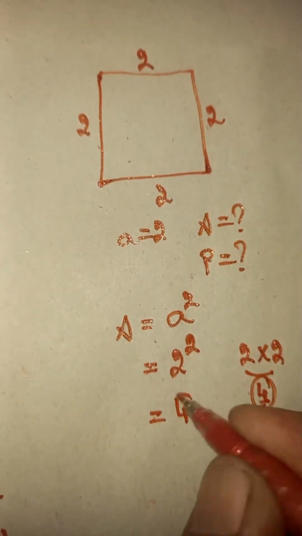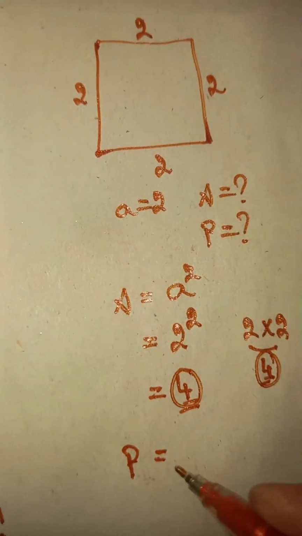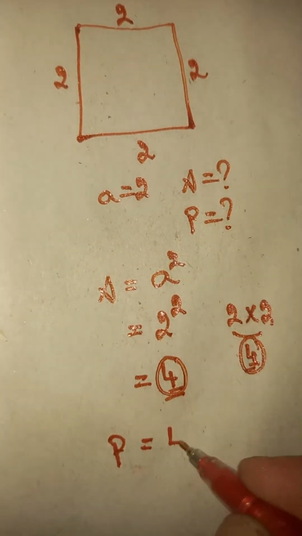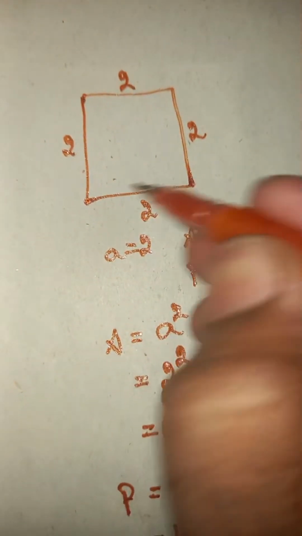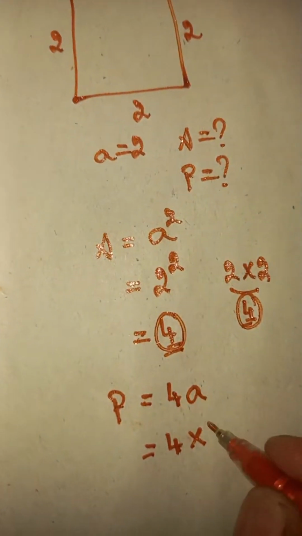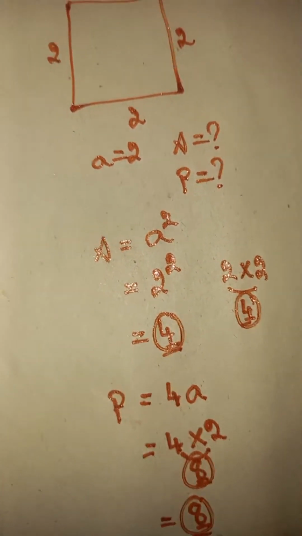So 4 square units is the area of this square. Let's find the perimeter. Perimeter is 4 times side length. That becomes 4 times 2 units. 4 times 2 is 8, so it becomes 8 units.